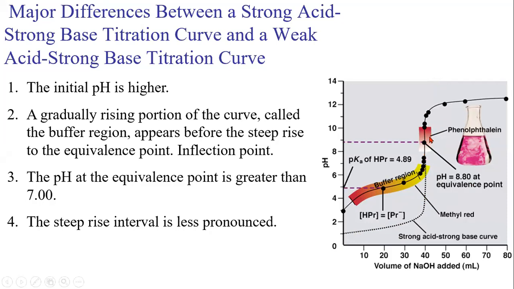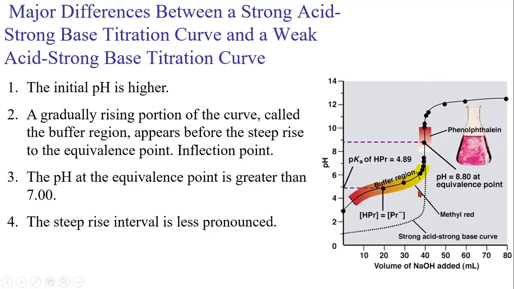Also, remember how in strong acids, I was able to use phenolphthalein and methyl red because both of them were in the region of the volume at the equivalence point. Now, however, in this case, phenolphthalein may be used because its color change is within the region of the equivalence point increase.